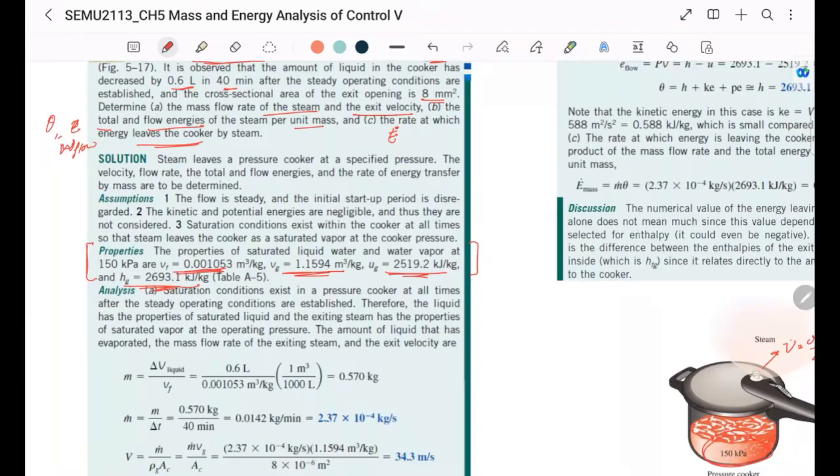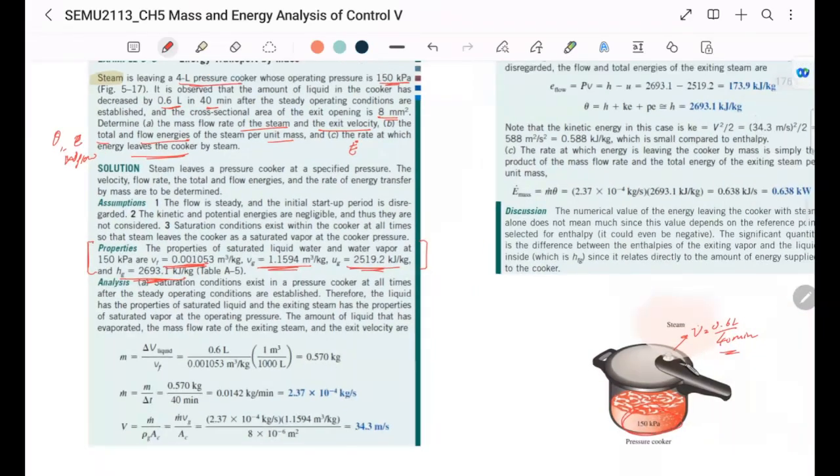So we know the volume flow rate, but then we have to change it to mass, basically.